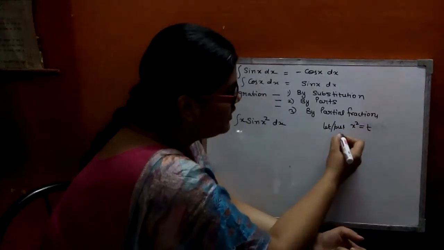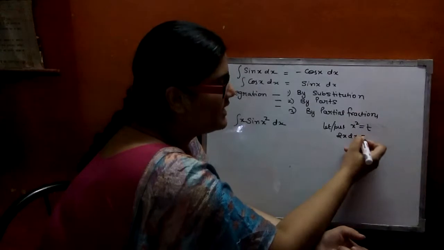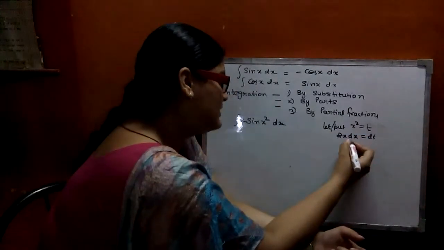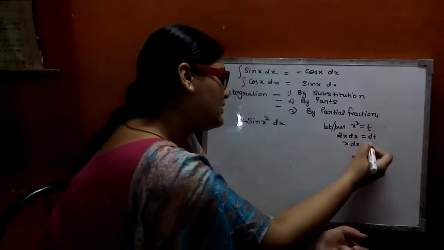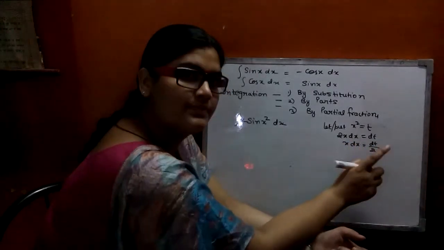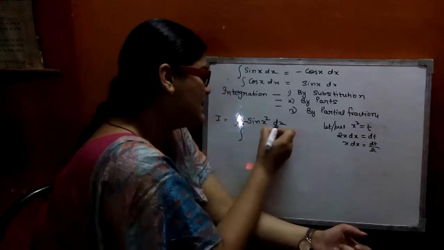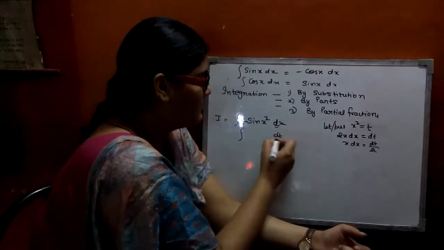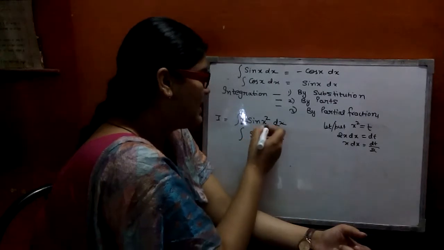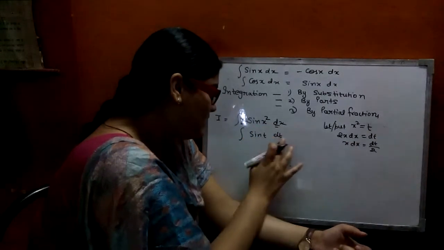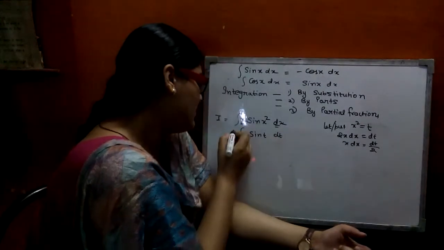What you get? 2x dx is dt, so x dx becomes dt by 2. The integration becomes dt by 2 with sin t, and the constant 1 by 2 comes outside.